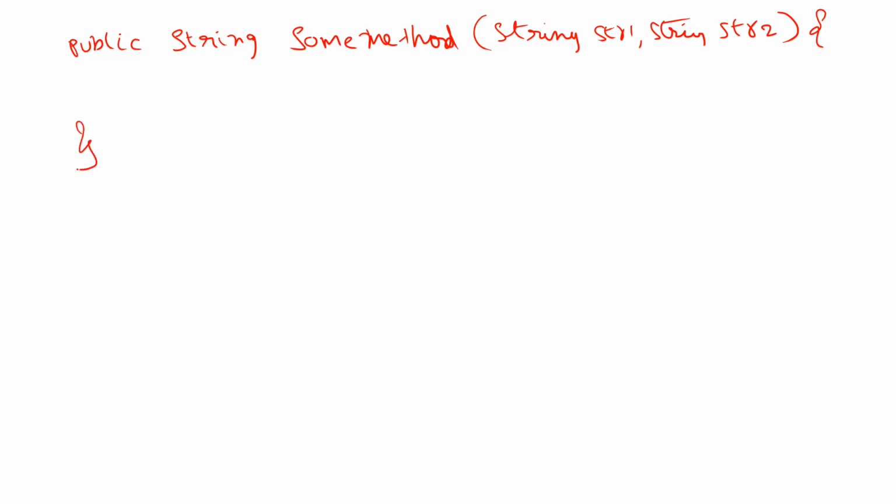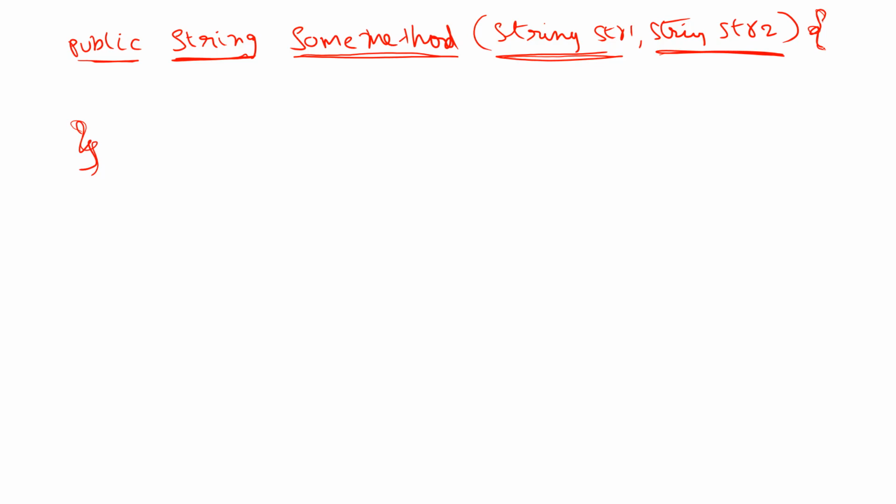So we declare the identifier first and then the return type as string. Since we want to return a string, we declare the return type as string and we write the method name. And since we want to pass some strings, we declare the parameter types as strings, and we write the method body here.